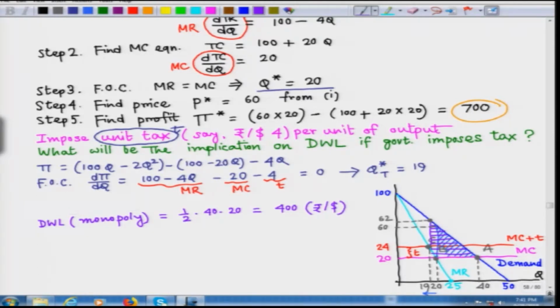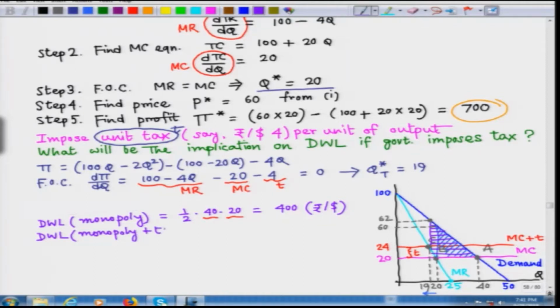So, this 40 is basically coming from the difference between the perfectly competitive market price and the monopoly price, and this 20 is coming from the difference between the perfectly competitive market output level and the monopoly equilibrium output level, right.